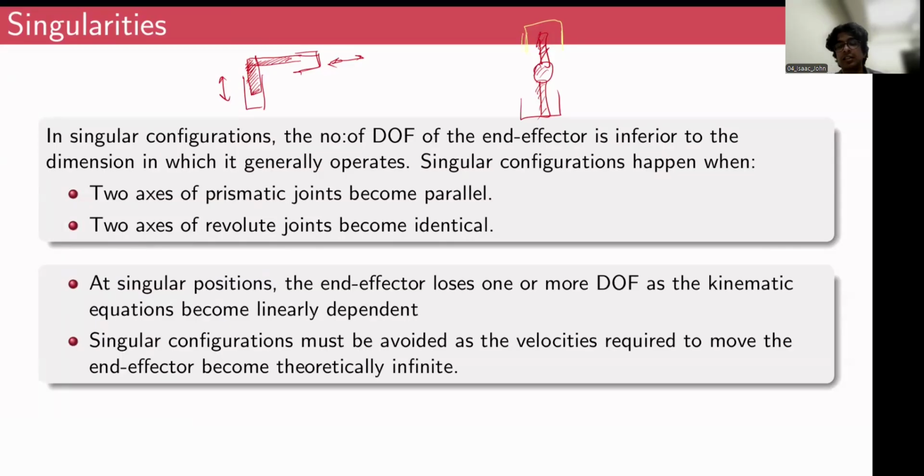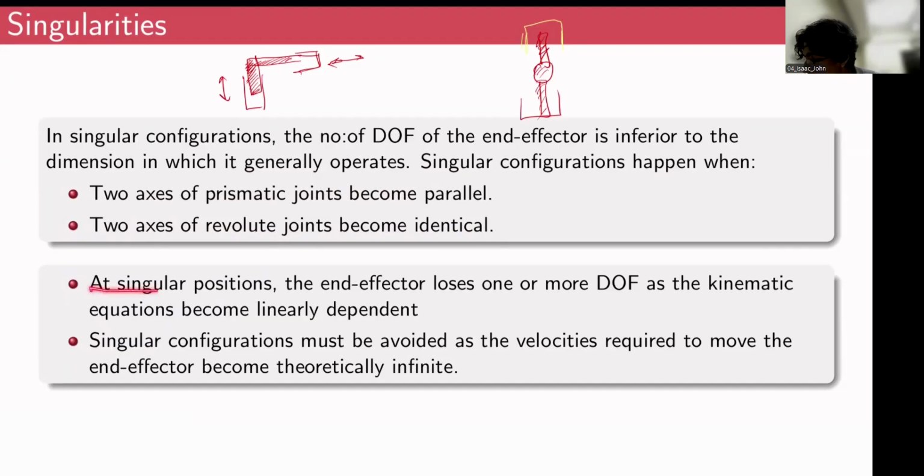So such cases happen when two prismatic joints become parallel, or two revolute joints, when the two axes of revolute joints coincide, right? So instead of two independent motions, you will only get one independent motion. Such cases where it loses the degrees of freedom are what we call singular configurations.